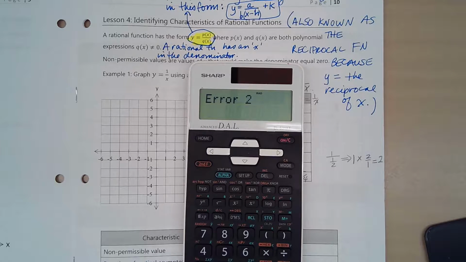To work backwards to check the answer, 1 times 0 gives me my starting point 0, right? If I have 1 over 0, though, some might be tempted to think, oh, the answer is 0 again.